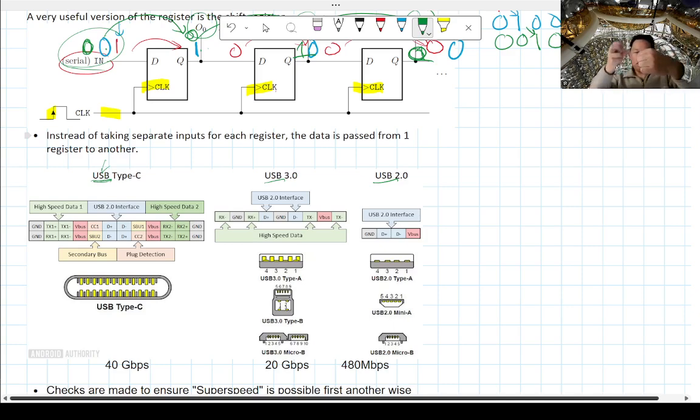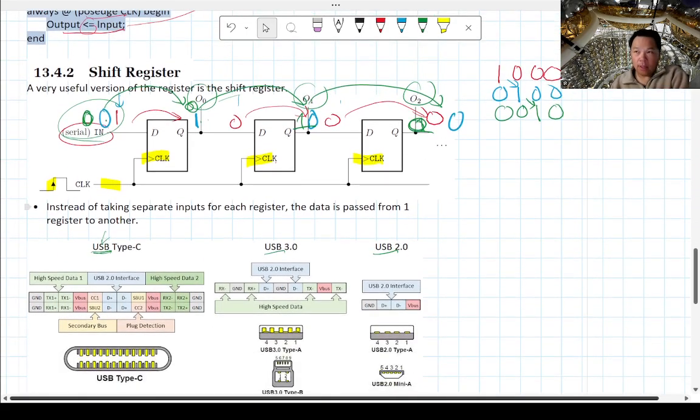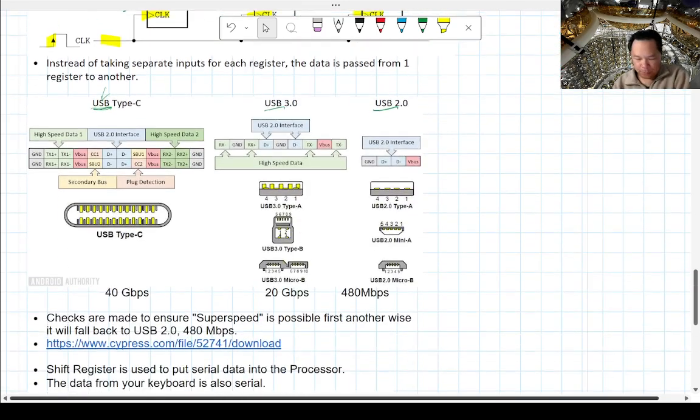And then inside your computer or your phone or whatever, it has a serial to digital converter. So this is known as a SIPO, serial in, parallel out, meaning this is serial going in, this is parallel going out, meaning all the output goes out at once.